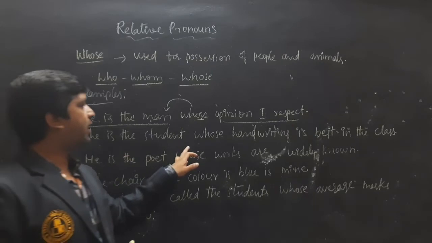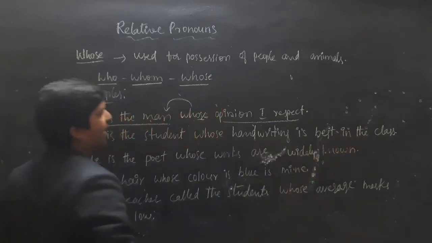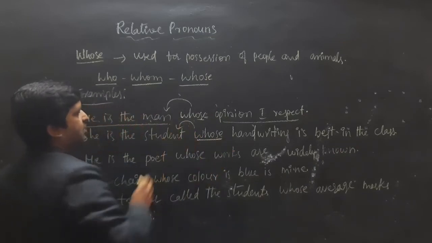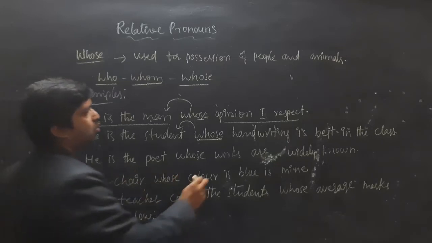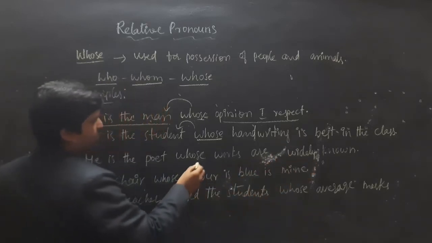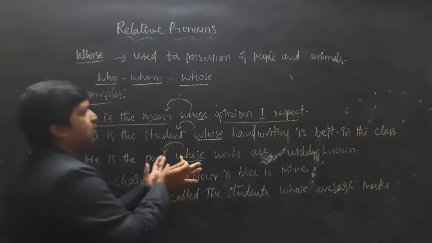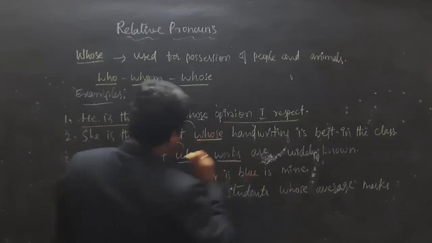He is a student whose handwriting is best in the class. Whose means belongs to that student. He is a poet whose works are widely known. Here whose means related to that poet's works.